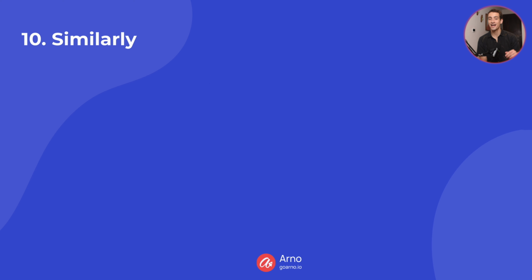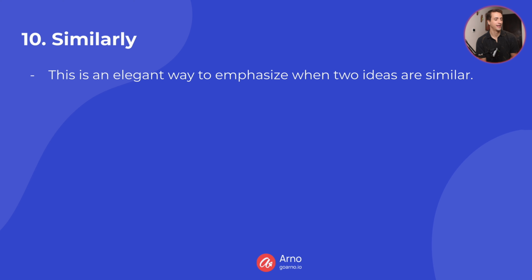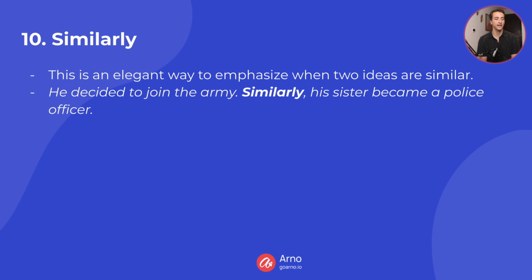Okay, number 10, final word, similarly. This is an elegant way to emphasize when two ideas are similar. He decided to join the army. Similarly, his sister became a police officer. So, joining the army and joining the police are two similar things, so it makes sense to connect these two ideas with the word similarly.